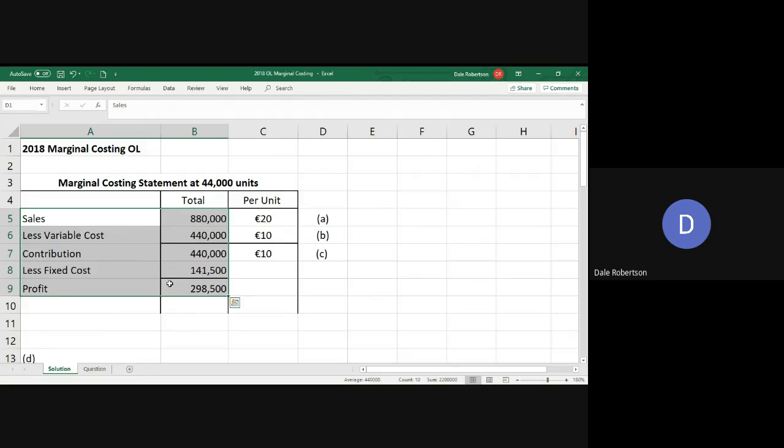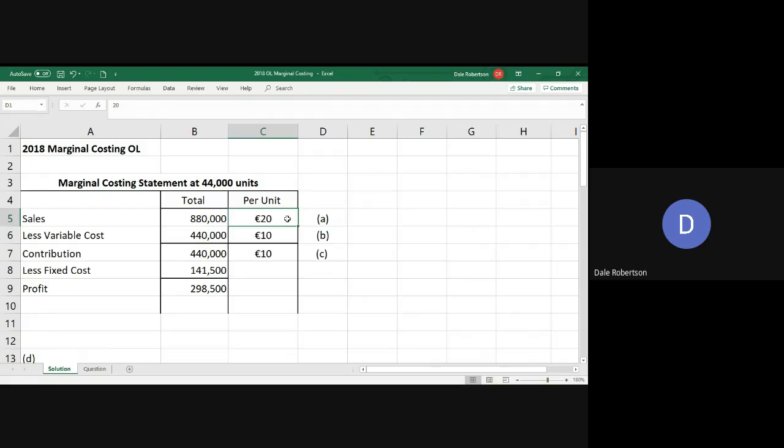Now, the more relevant column here really is the per unit column. So this is the total for 44,000 caps. But for each individual cap, how do I get this? Well, I take these total numbers, and if you divide by 44,000 caps, you'll find out that we actually sell each cap for 20 euro.